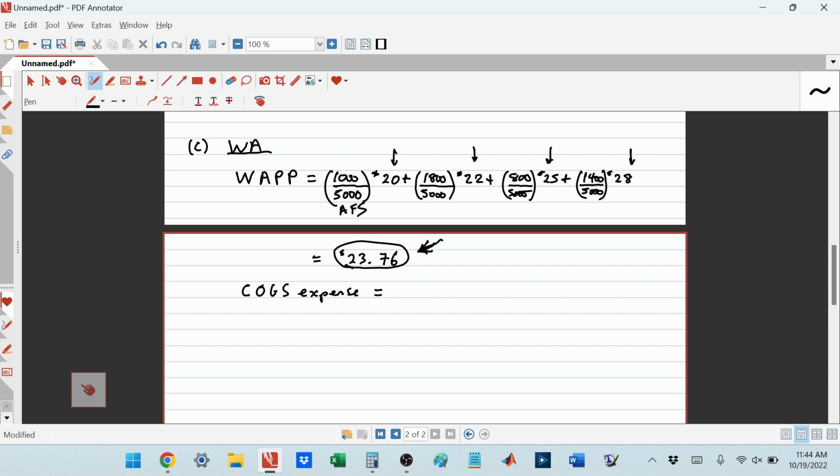So to compute COGS, we just take the number of units sold times the assumed purchase price, and that's the COGS we would get.